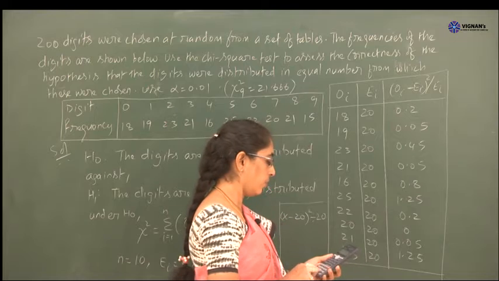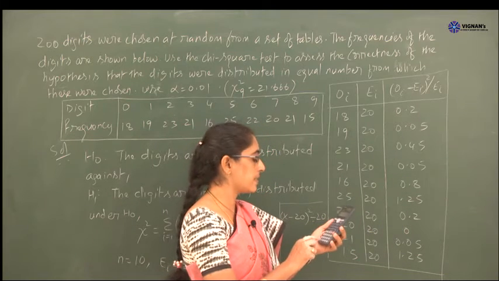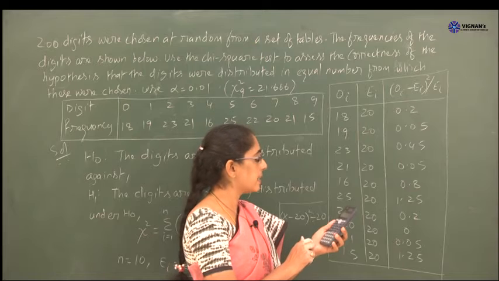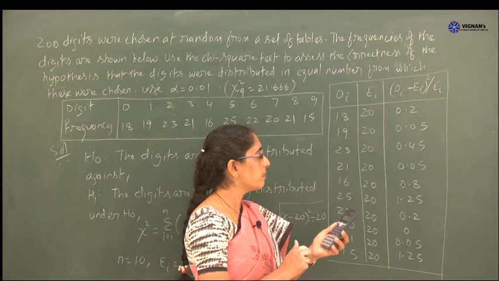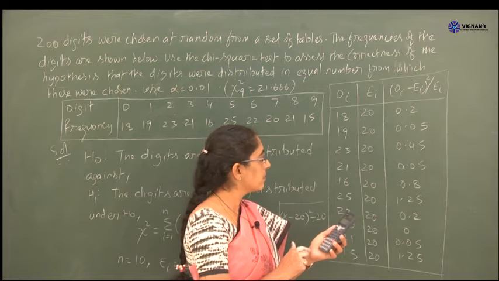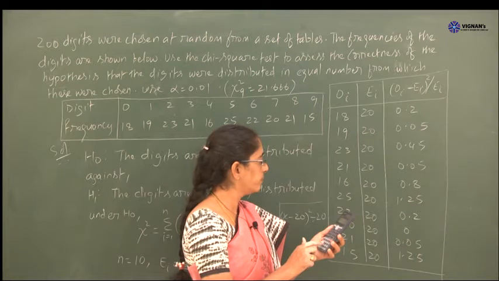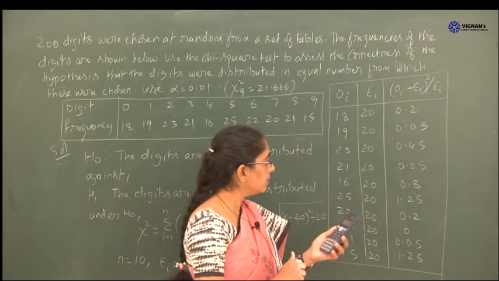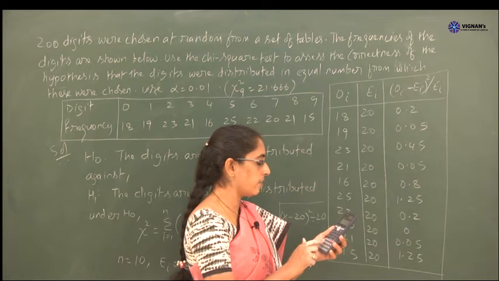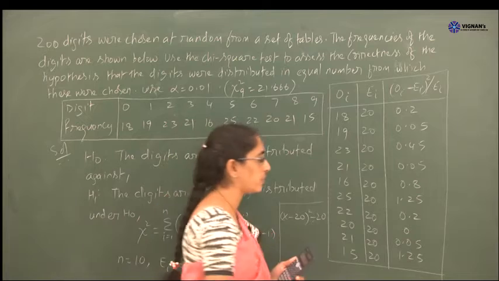So 1.25 is there already, plus 0.2 plus 0.05 plus 0.45 plus 0.05 plus 0.8 plus 1.25 plus 0.2 plus 0.05. So this is equal to 4.3.